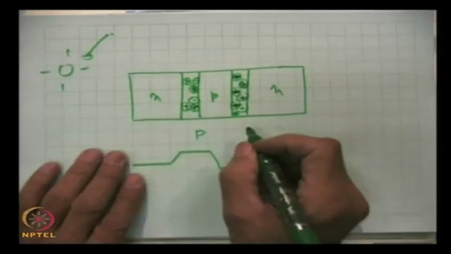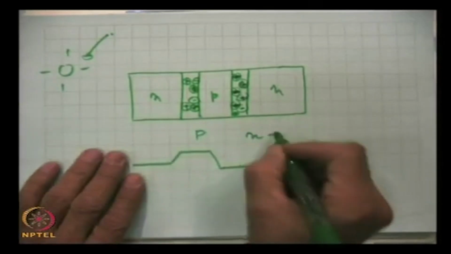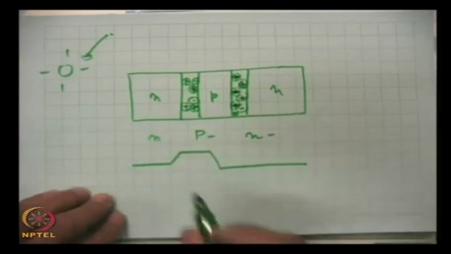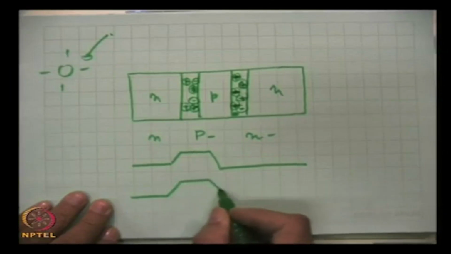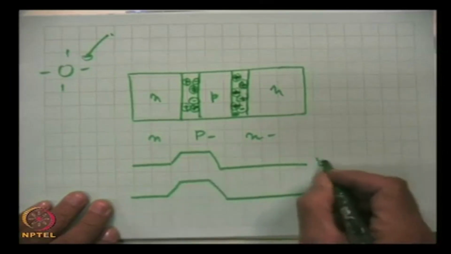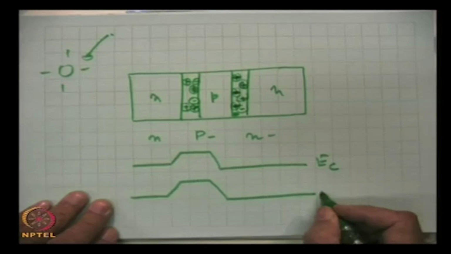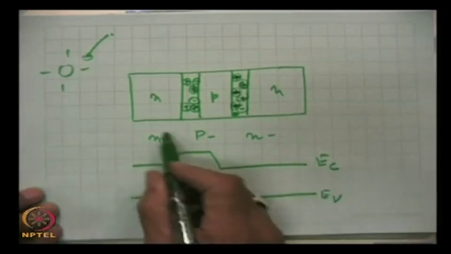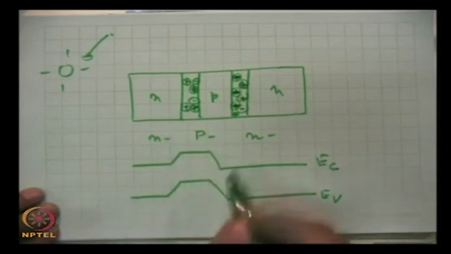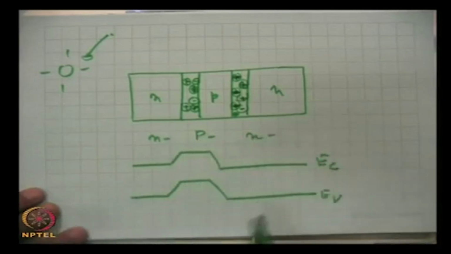In the case of the diode we discussed, this is n and this is also n, and here this is the conduction band edge, this is the valence band edge, and this is the emitter, this is the base, and this is the collector.